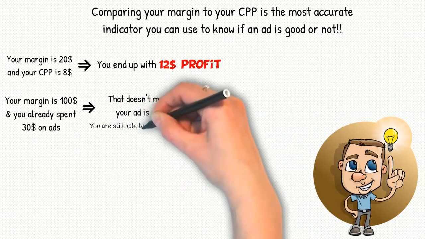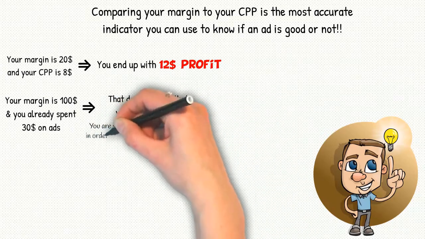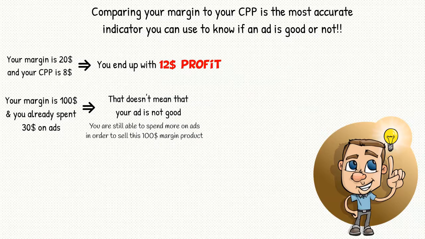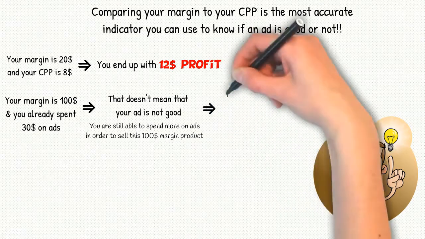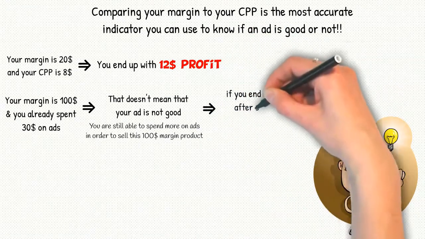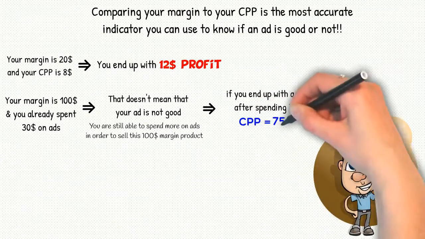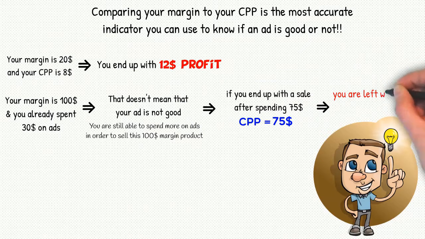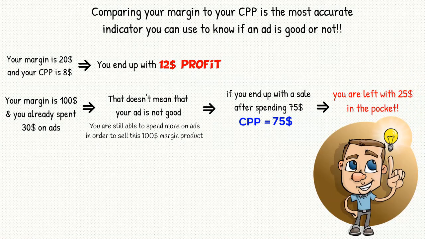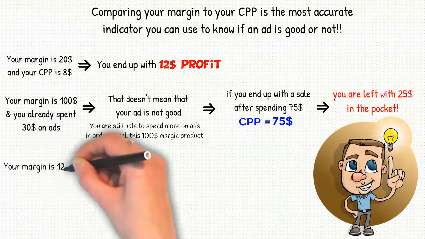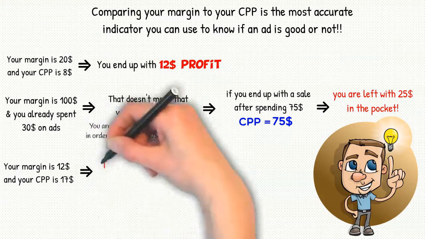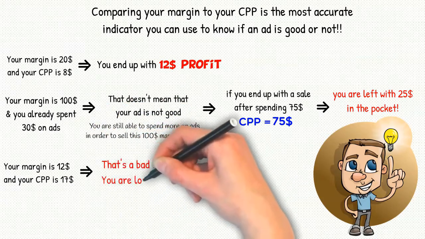You are still able to spend more on ads in order to sell this $100 margin product. So if you end up with a sale after spending $75, which means your CPP is $75, you are left with $25 in the pocket, and that's great. But imagine that your margin is $12 and your CPP is $17. Well, that's very bad. You are losing money.